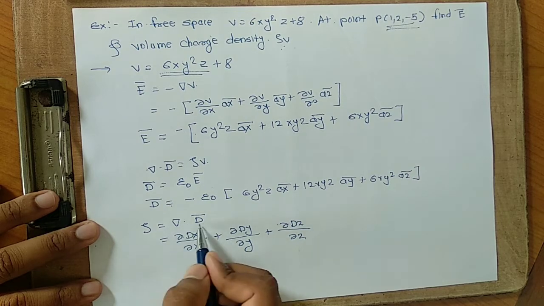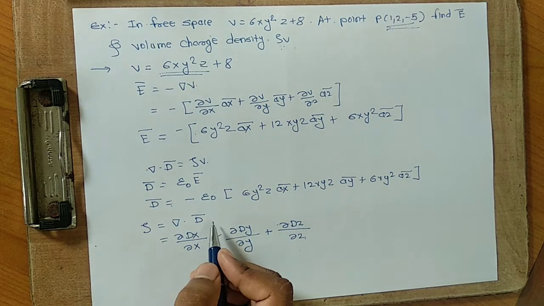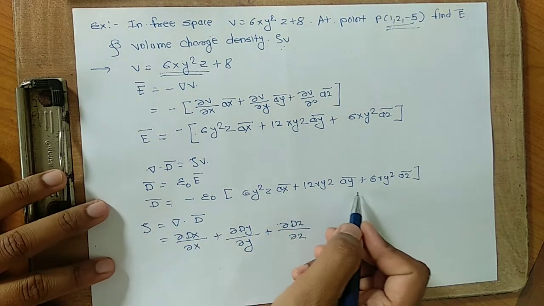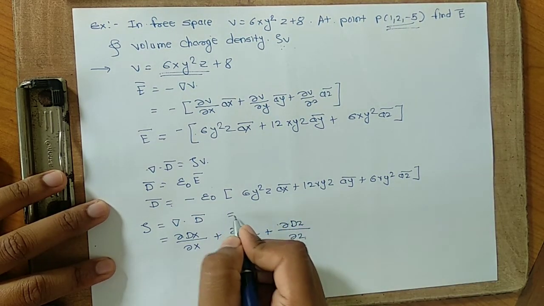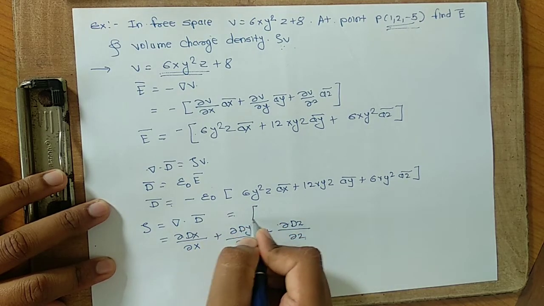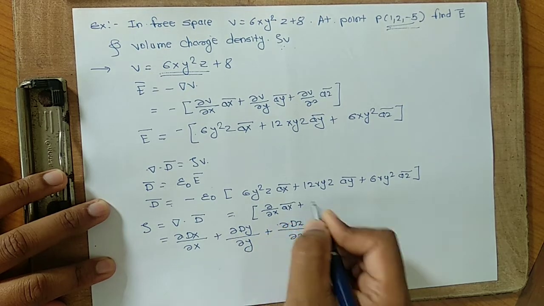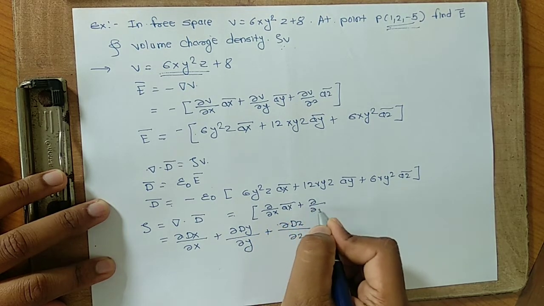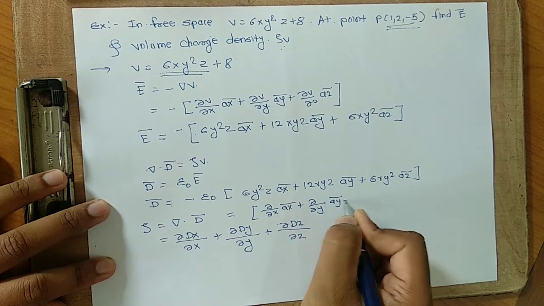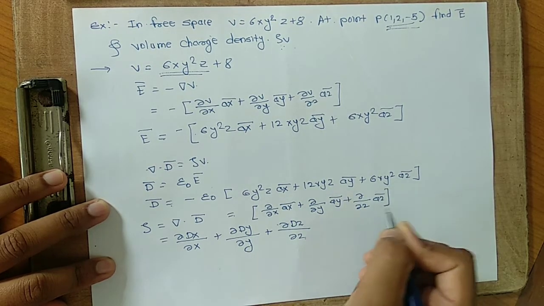Because this unit vector will get cancelled with the D bar coordinates. The D bar coordinates are ax bar, ay bar and az bar. So I will write it again for simplicity. The del operator is del by del x ax bar, del by del y ay bar, del by del z az bar. Okay, so that is the del operator.